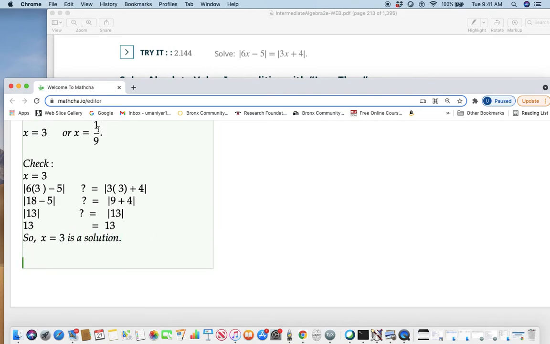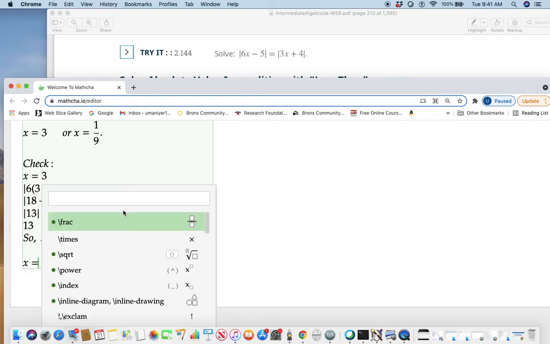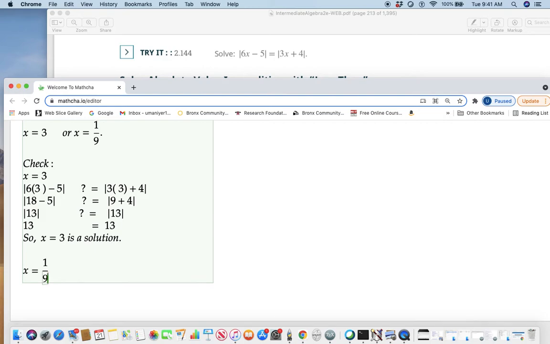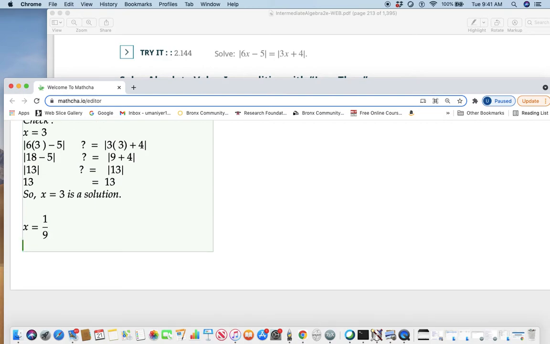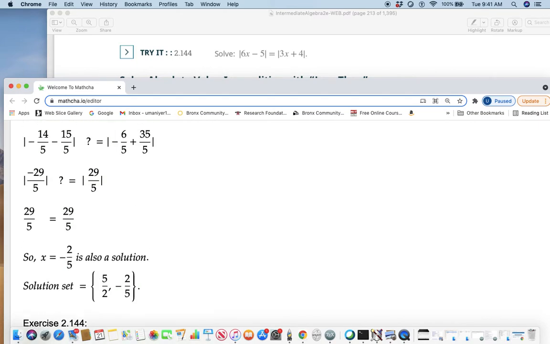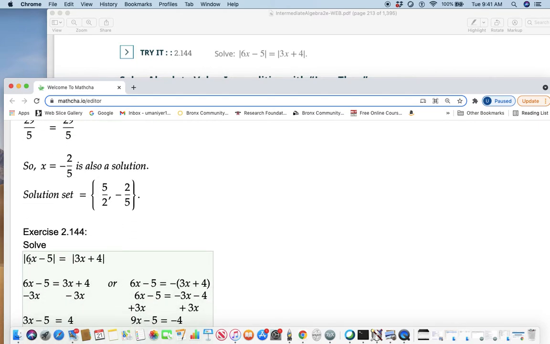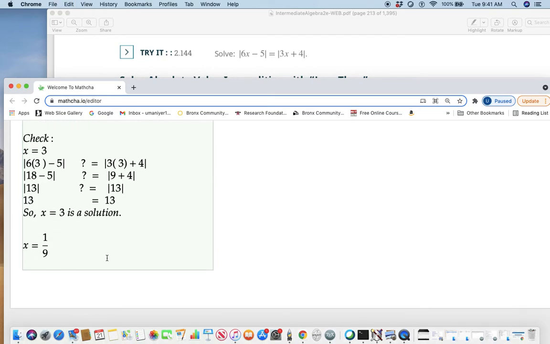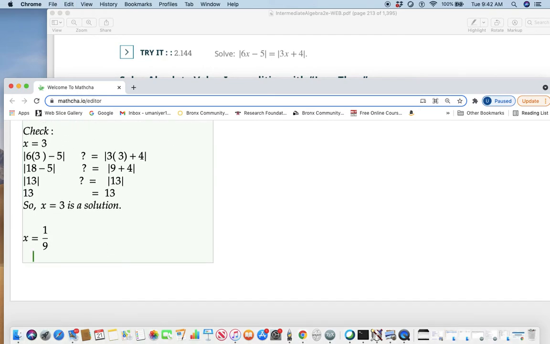Now you want to check x equals 1/9 in the same equation. All right. How do we check?